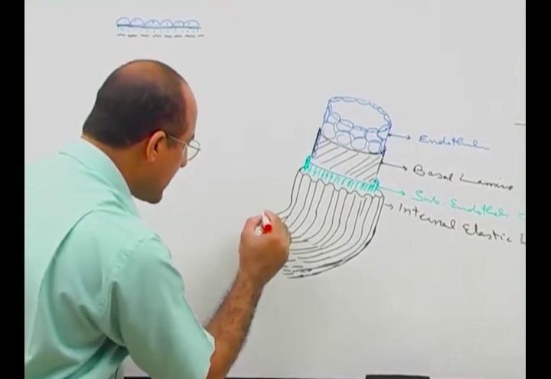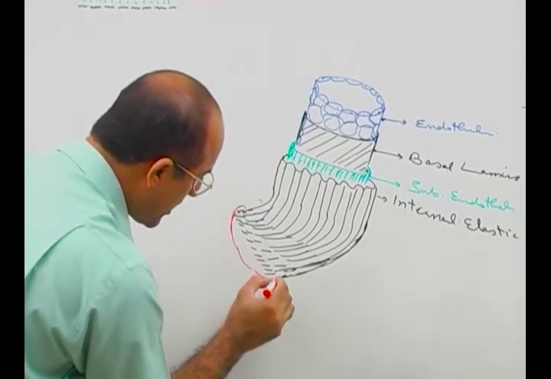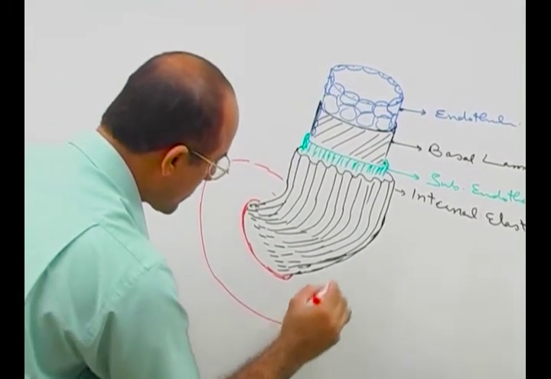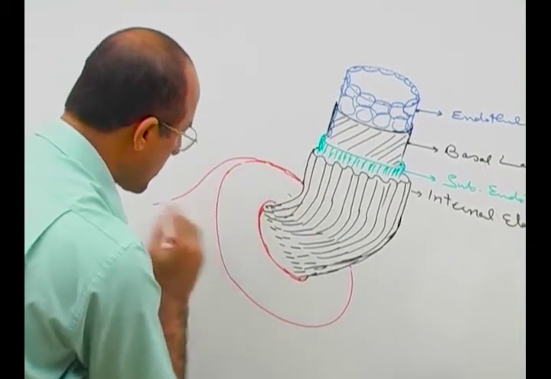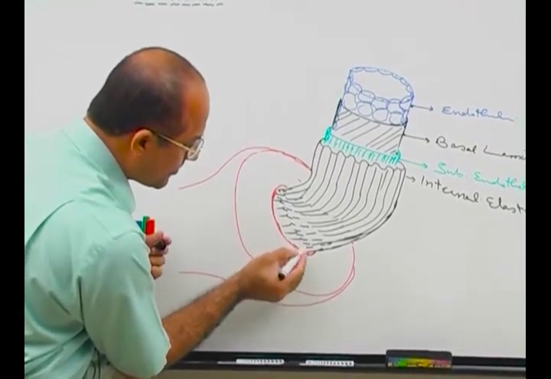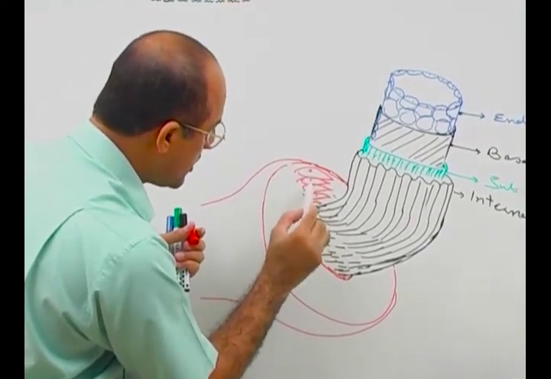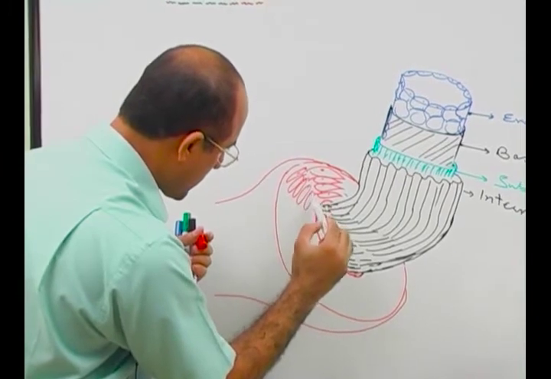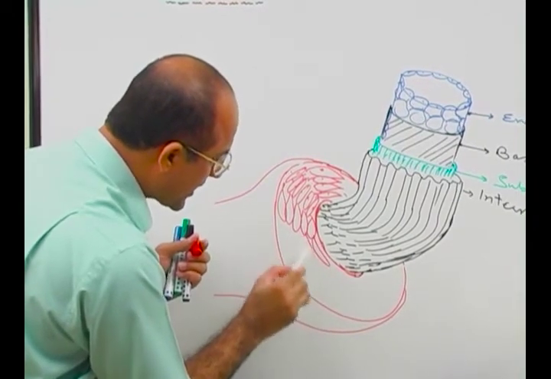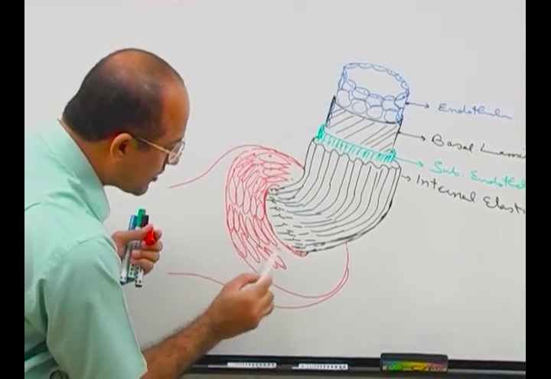What we'll find here is a layer of smooth muscle, multiple layers of smooth muscles, and the real thickness of this layer depends on the type of the artery.